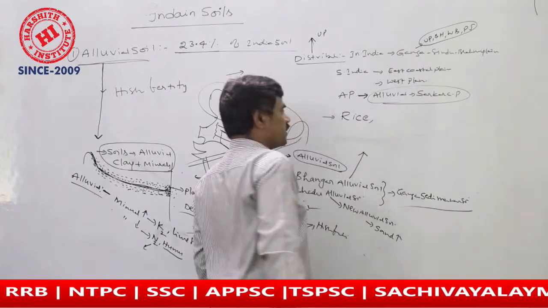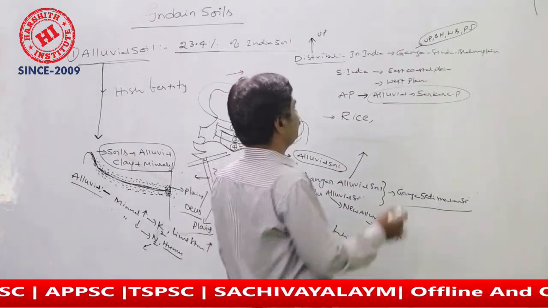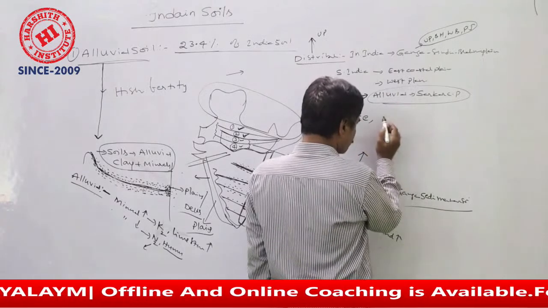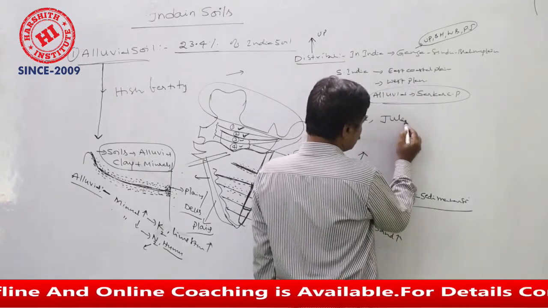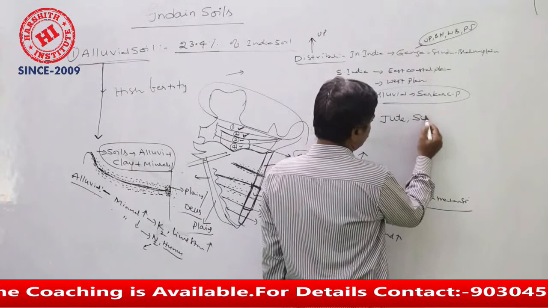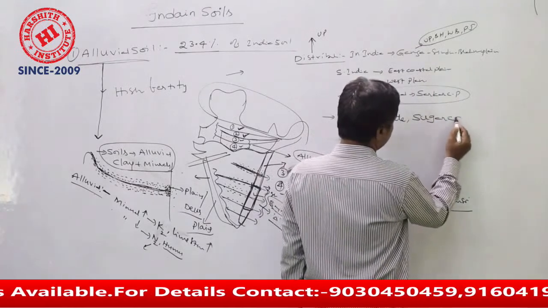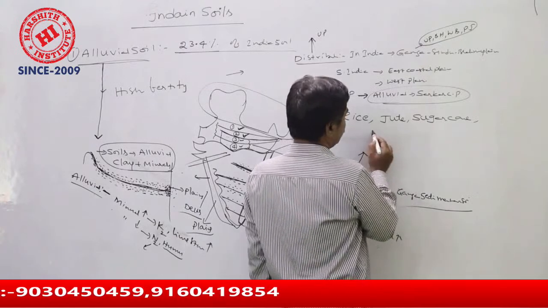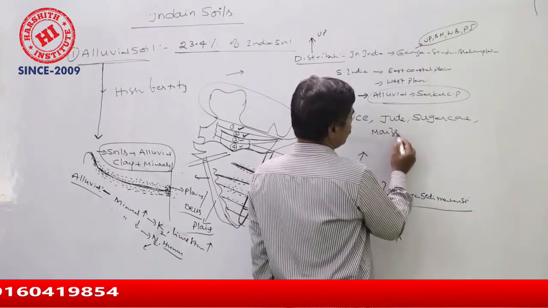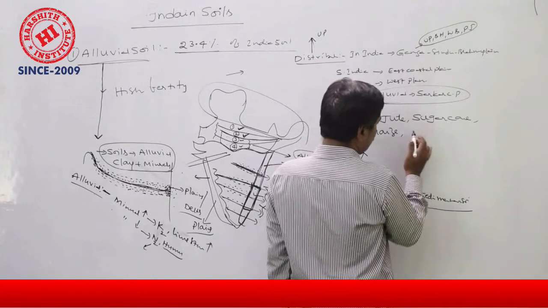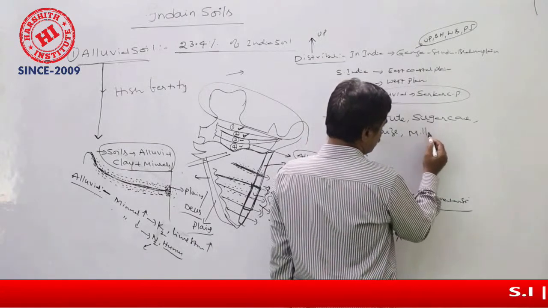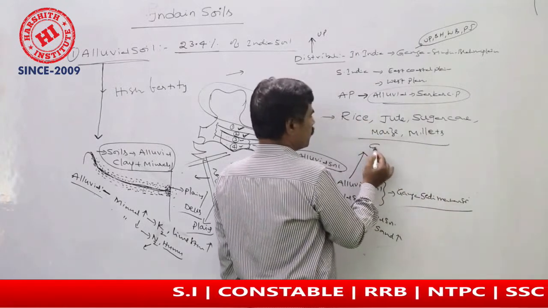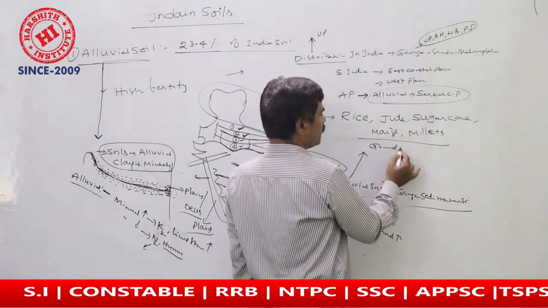Rice can give the highest production in alluvial soil, and next are jute, sugarcane, maize, millets, that is jowar and bajra, and also groundnut.